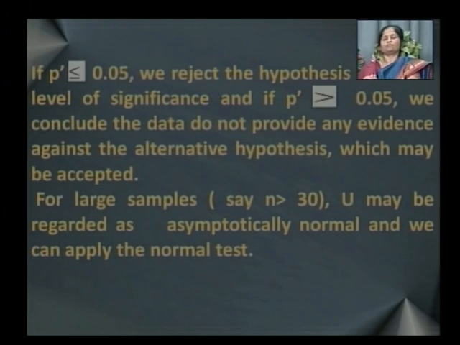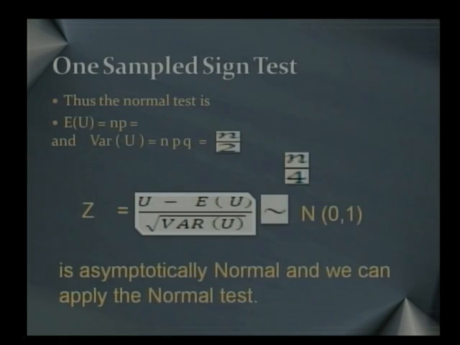Here we should recall the property of the binomial distribution: for large n, the binomial distribution follows the normal distribution.